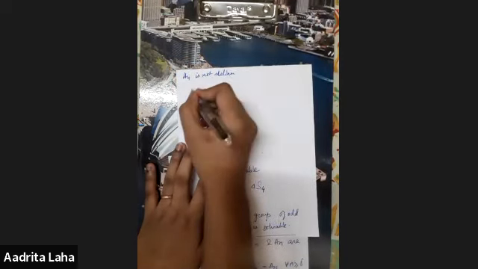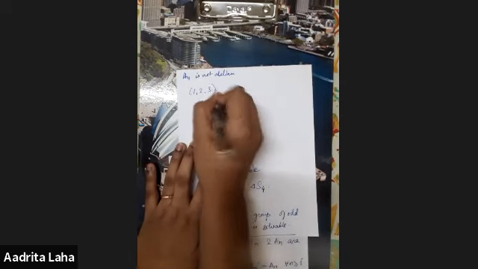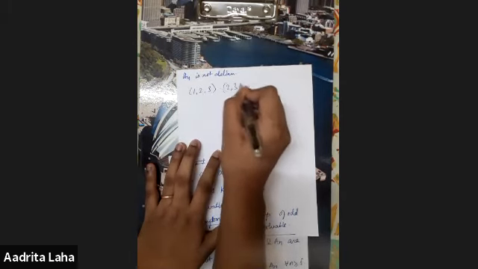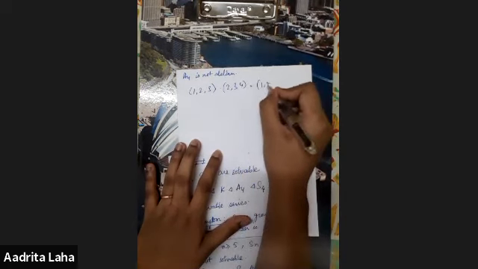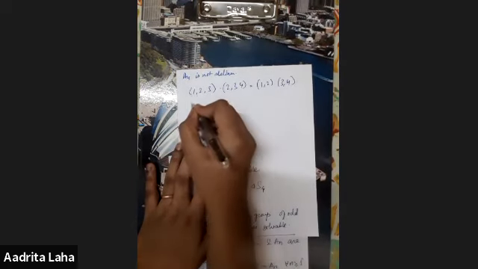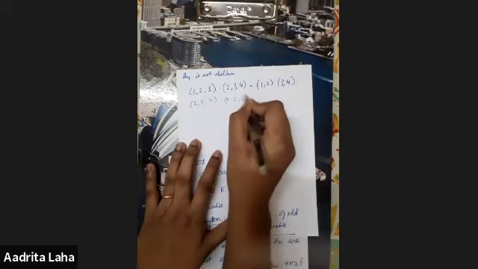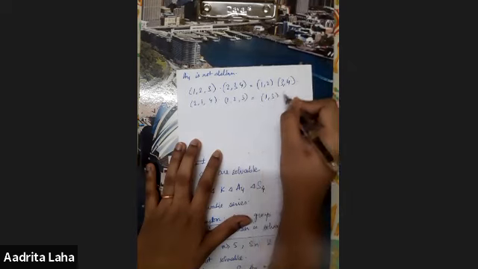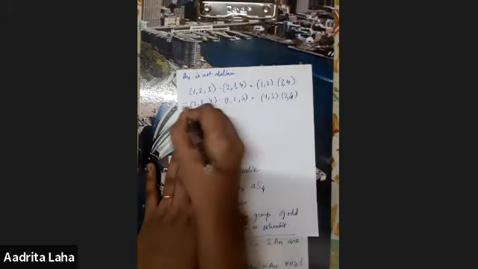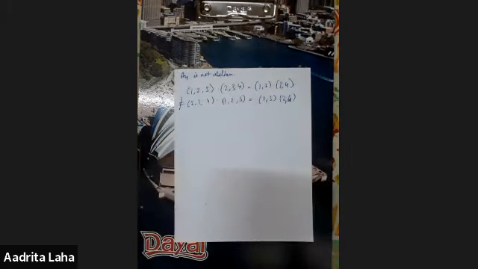We can do the following. We have (1 2 3) times (2 3 4). This can be broken down into (1 2 3 4), and then we have (2 3 4) times (1 2 3), which is (1 3)(2 4), and these are not equal. So A4 is not abelian, hence An is not abelian, and from that we can conclude that Sn is not solvable, and hence An is also not solvable for any n greater than or equal to 5.